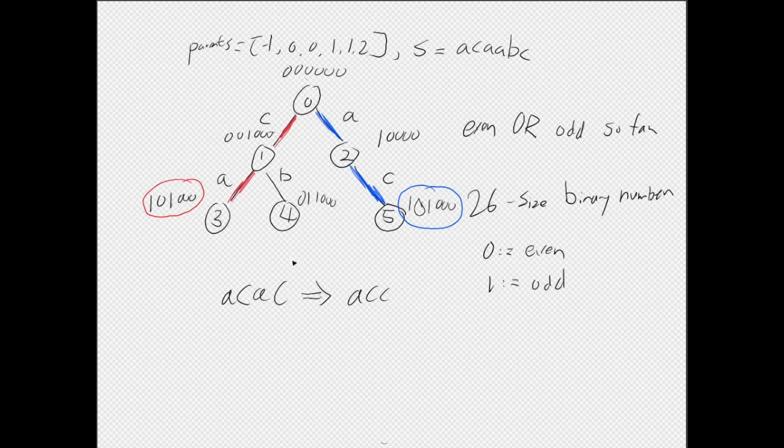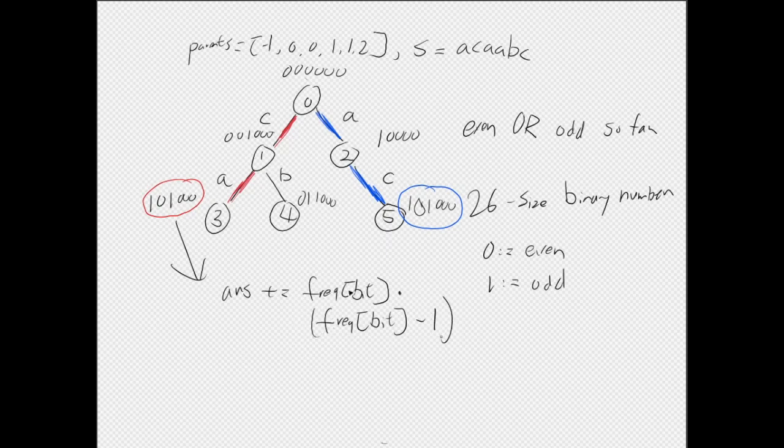So what we want to do is to try every bit mask first, and then answer plus equals frequency of this bit mask times frequency of this bit mask minus 1. Why minus 1? Because we can't match it with itself. So that's why we have to minus 1. If we just did frequency squared, it would match itself.